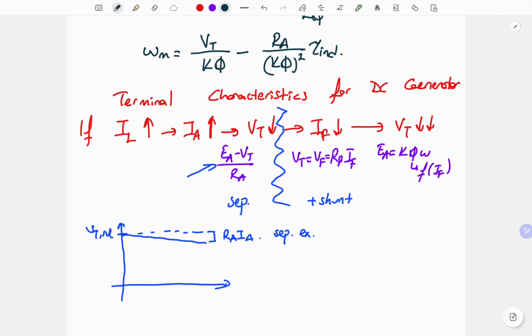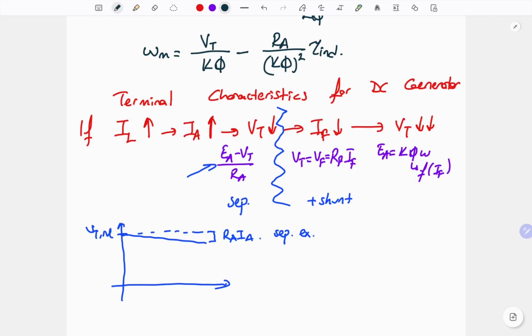But if you have a shunt excited connection, the process must continue. Why? Because the terminal voltage drop will affect the IF. In the separately excited system, IF is supplied by a constant external source, so it's always constant. But for the shunt excited, we are using the same terminal voltage, so when the terminal voltage decreases, IF also will decrease.